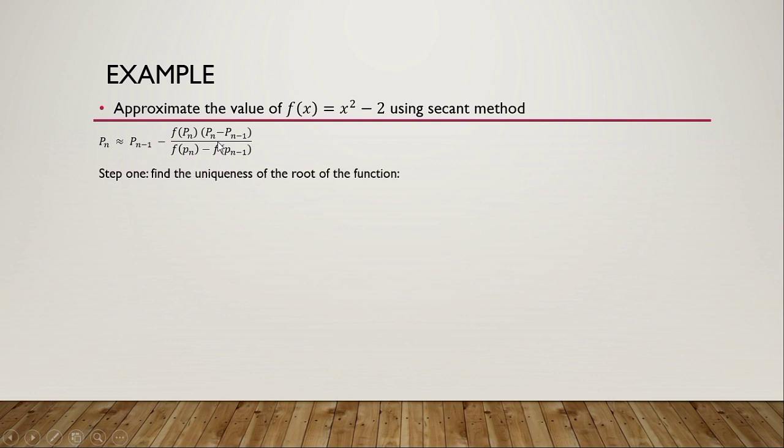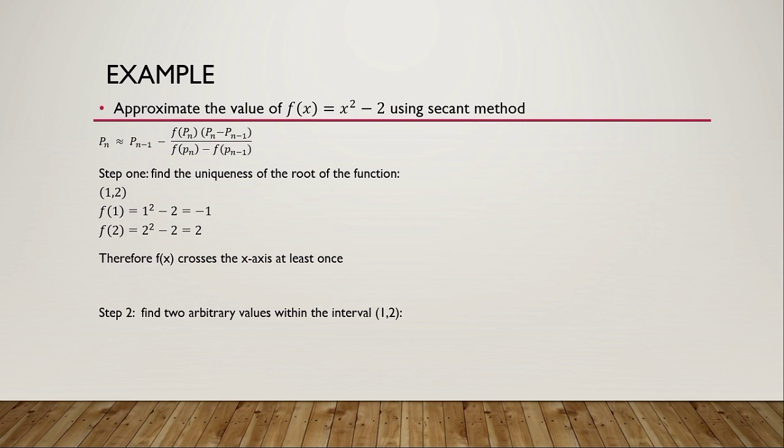And in step 1, we check the uniqueness of the root in the function. So we already know that our function has a unique root in the interval [1, 2]. So we're going to say f of 1 is equal to that, and f of 2 is also equal to that. And therefore, f of x crosses the x-axis at least once within this interval.